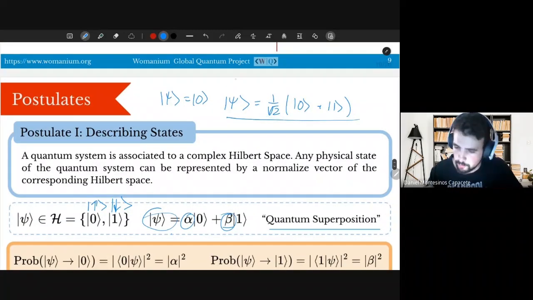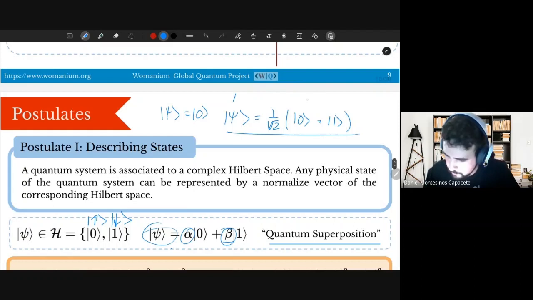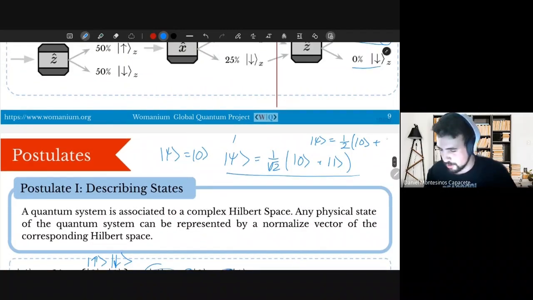you could have other vectors. For example, let's take one half. Again, this must be normalized, and that's what I am thinking about in order to do that.